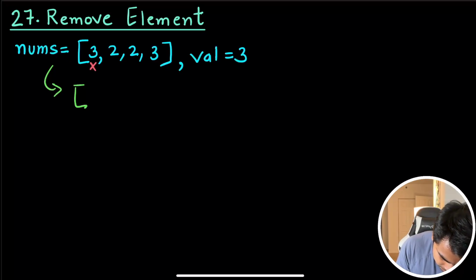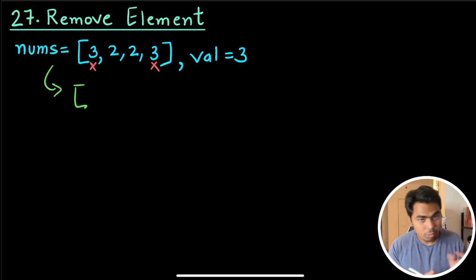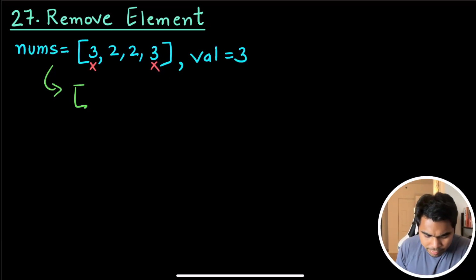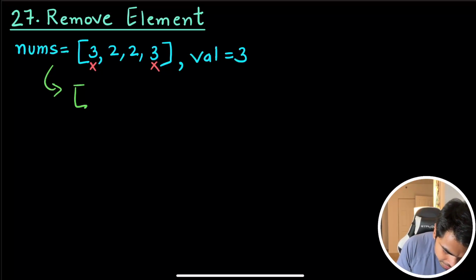So we need to get rid of these. You can move them around or you don't have to do anything. But what we really need to do is move these non-val elements to the beginning of nums. So this 2 will be moved here.